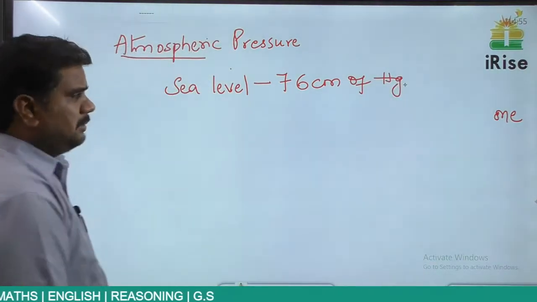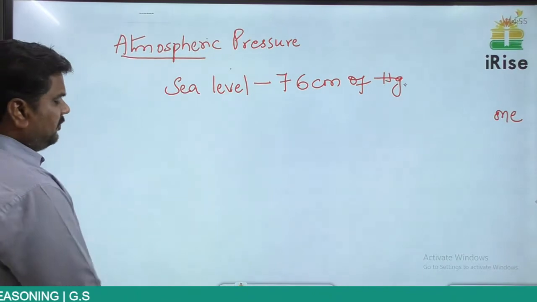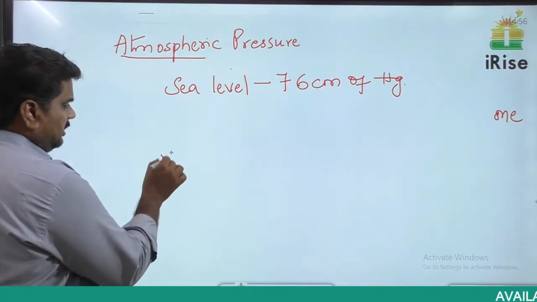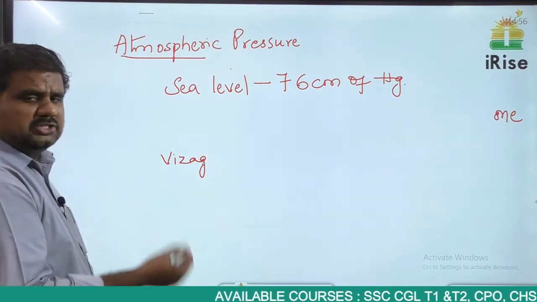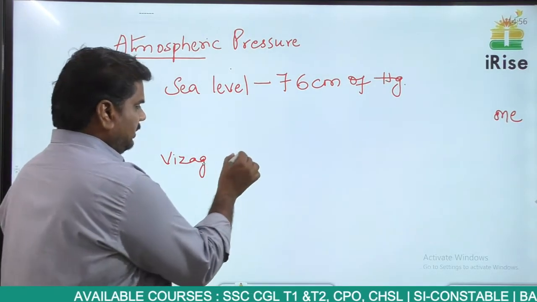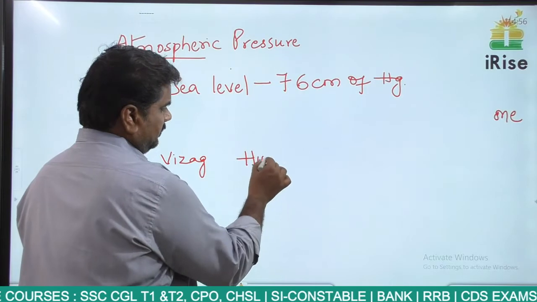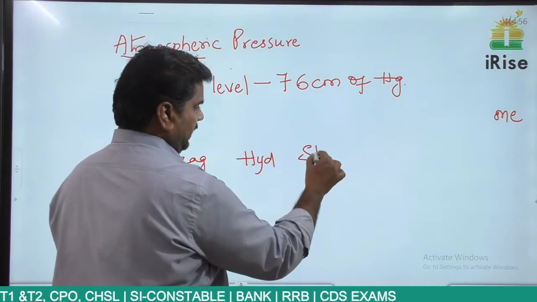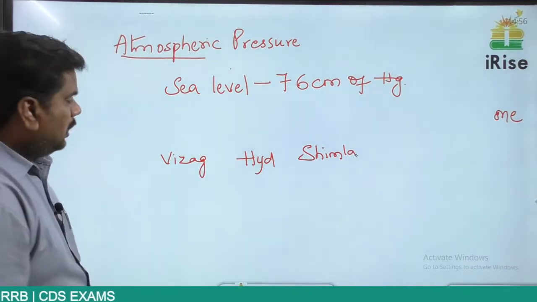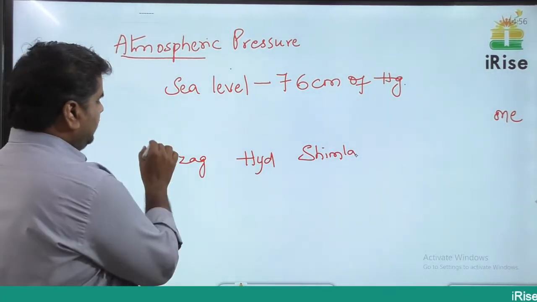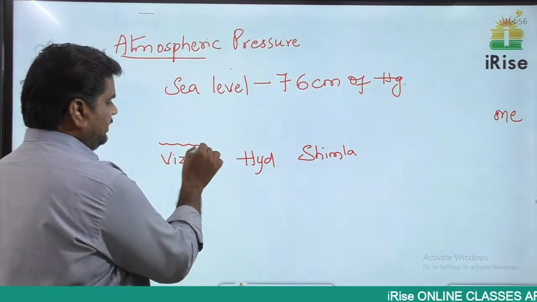Now suppose, for example, you are taking three different places, right? I am taking the case of Vizag, Visakhapatnam, or else Mumbai, or else Chennai. At the same time, I am taking one more place, Hyderabad, and one more place, Shimla. Three different places. Now, Vizag is present at sea level.